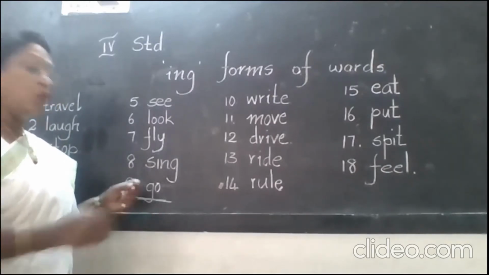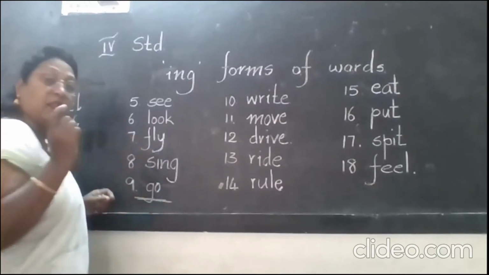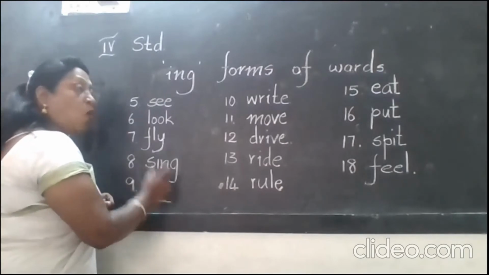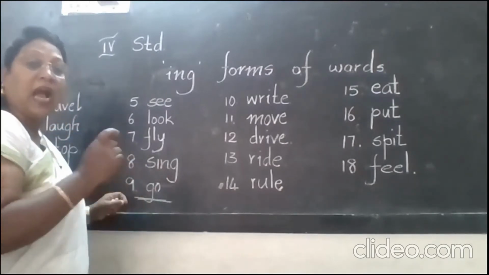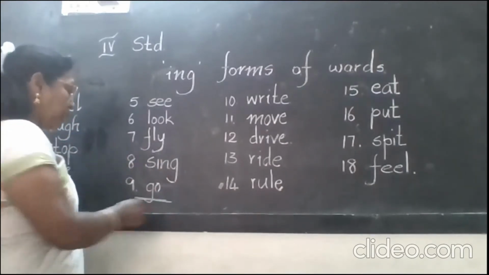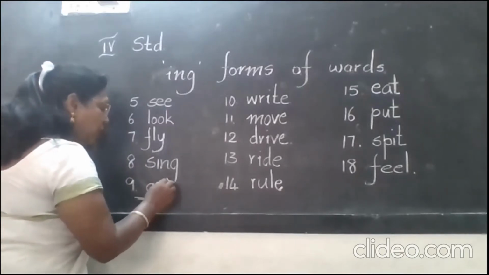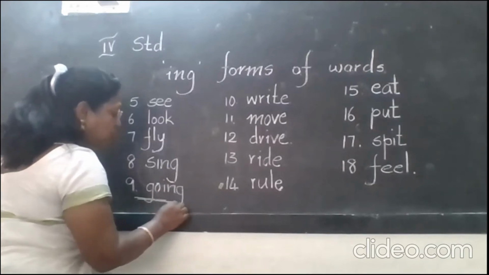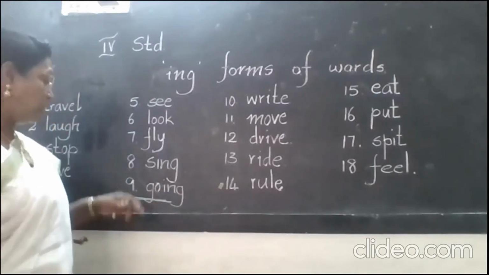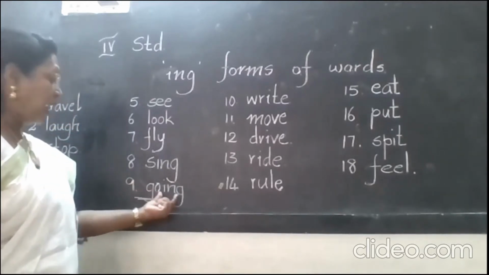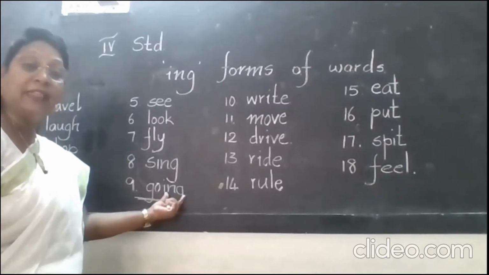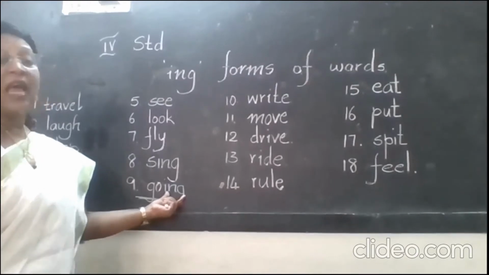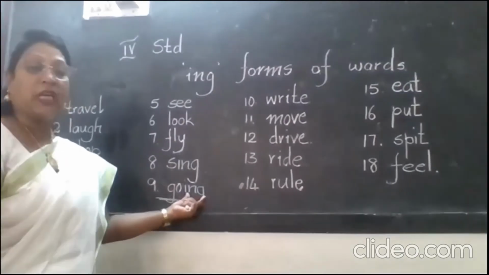So you have added the 3 letters ing to G-O, go, and made it going. So G-O, what did you add? ing. You added G-O, ing. This is the word, and this is what you added to it.